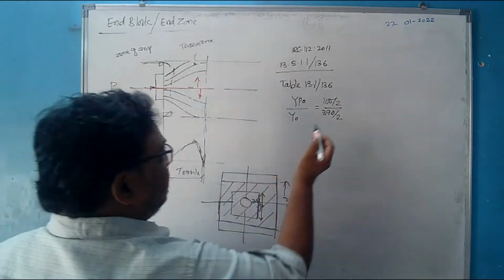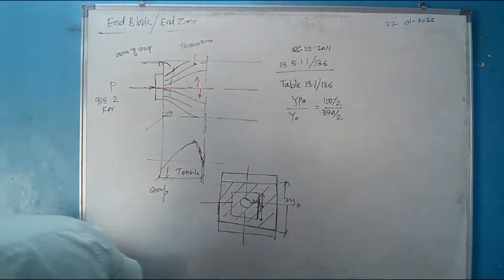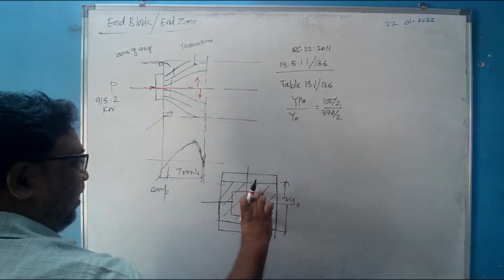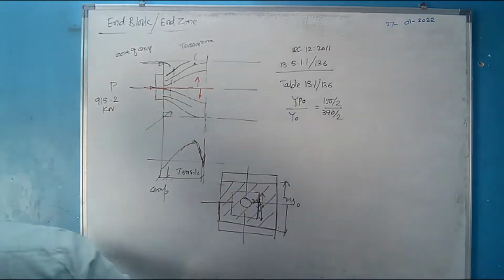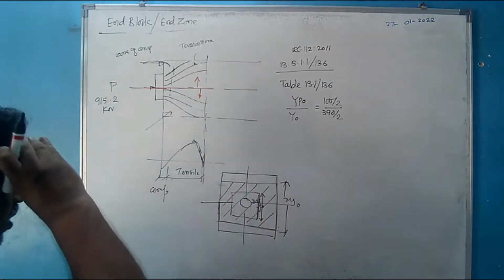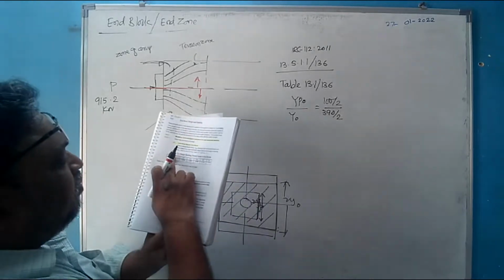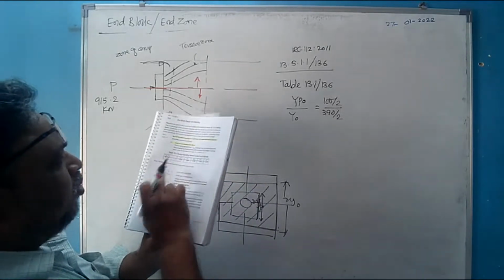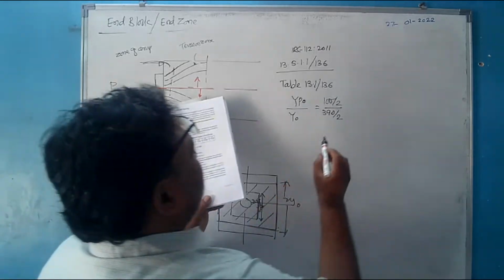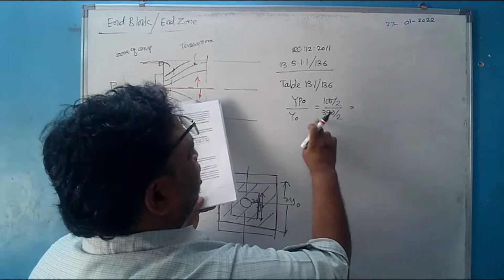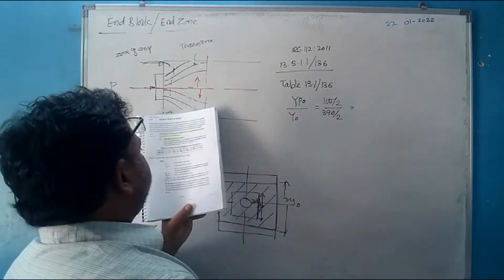So the bursting tension depends on the ratio of the depth of plate to the depth of this end block. Here it is, sorry, Table 13.1, yp naught divided by y naught. So how much is this ratio? Will someone please give me the answer? 100 by 2 divided by 390 by 2.